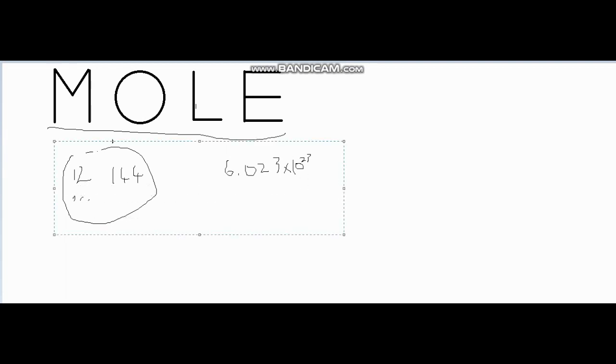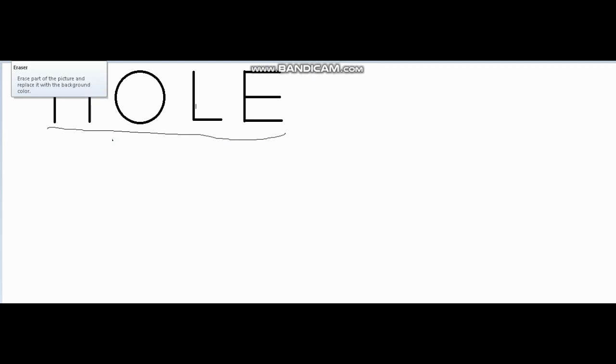Now, in the 18th century, chemist Amadeo Avogadro did some research and found that a certain mass of each chemical compound always contained 6.023 times 10 to the 23 particles, or 1 mole of particles, and this just happened to be within the relative atomic mass or the relative molecular mass of the substance.